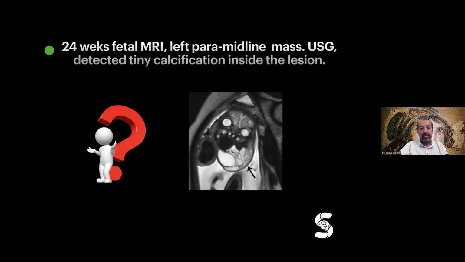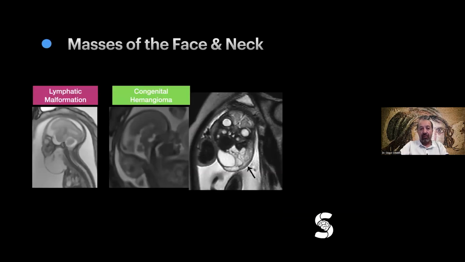This is another case. This time, a left paramidline anterior neck mass is identified on the coronal MRI. There is also cystic and solid structure in this lesion as well. We have already reviewed the first two cases, lymphatic malformation and congenital hemangioma, in similar areas.